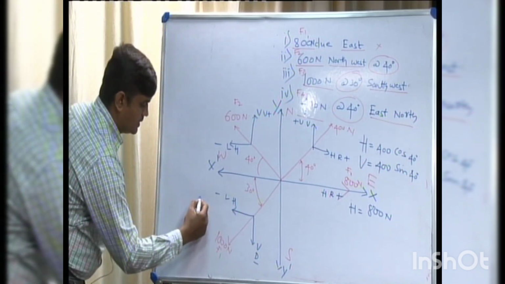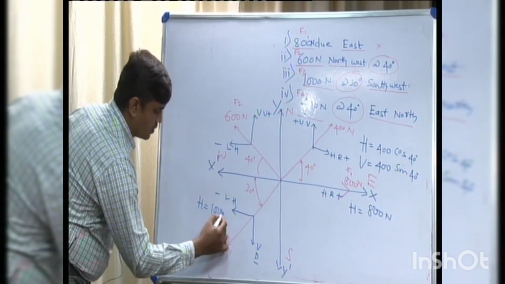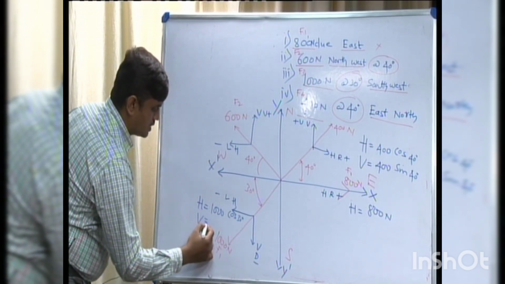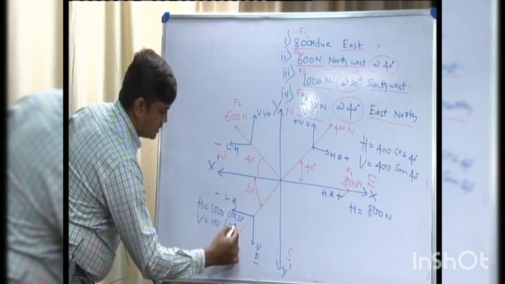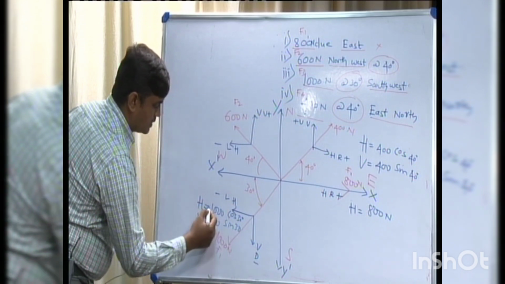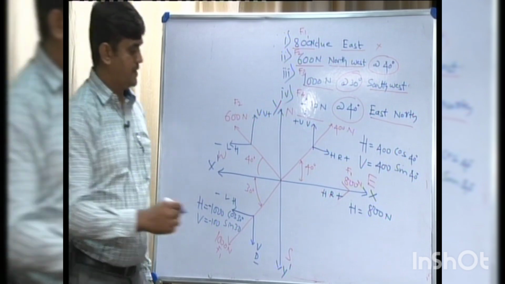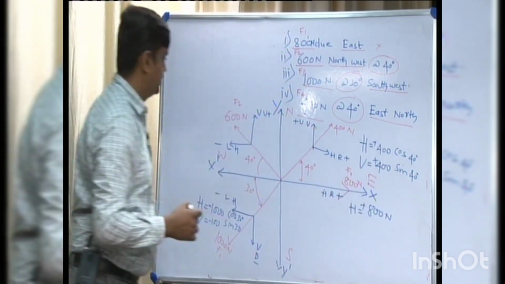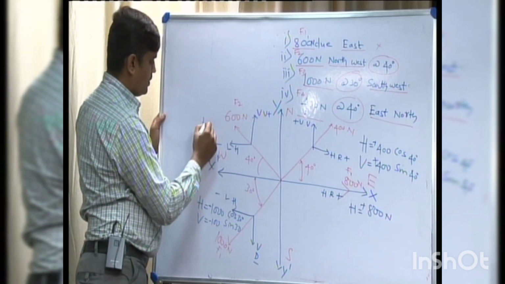Next, third one. Here H, making an angle with the x-axis. What is the angle? What is the force? 1000 cos 30 degree. V 1000 sin 30 degree. Horizontal left minus, vertical down minus. Next, resolve the components.